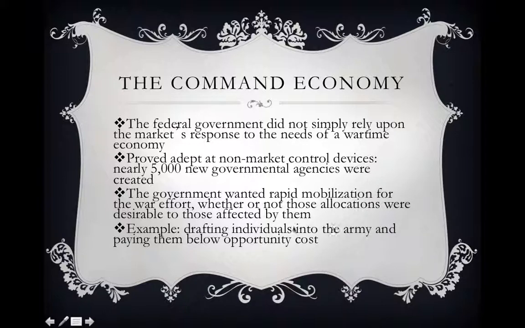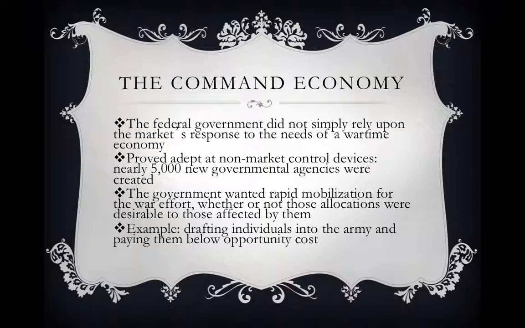And here's an example. If you draft somebody into the Army, you're allocating resources, right? You're taking resources. You're forcing somebody to join the Army, the Navy, or the Marines, or the Air Force. I guess the Air Force didn't exist back then. And realize that you're taking an allocation and you're making an individual contribute, and you're paying them below their opportunity cost.